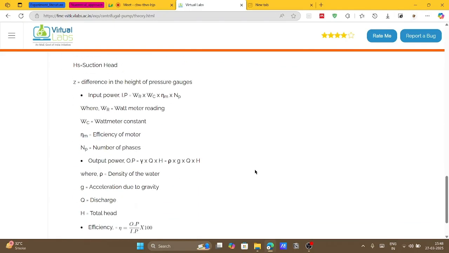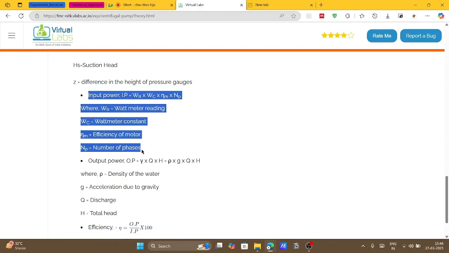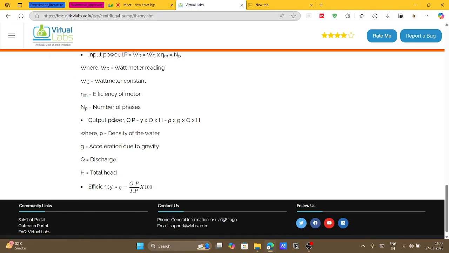These are the calculation parts. So as I was saying, input power can be computed from the wattmeter reading. There is an equation given for that to convert, accounting for the motor efficiency, to compute the actual input power. Output power, or rather the ideal power that we need, is the head that should be developed by the pump at a given flow rate.